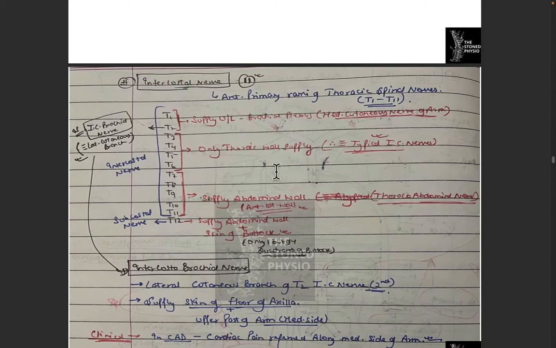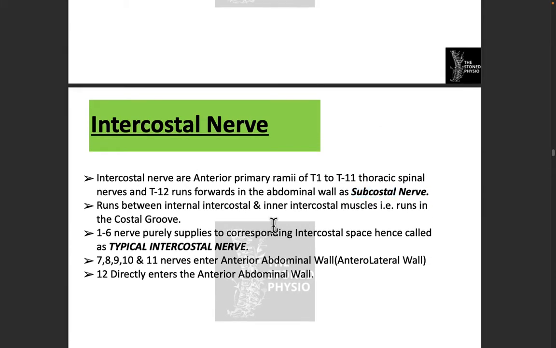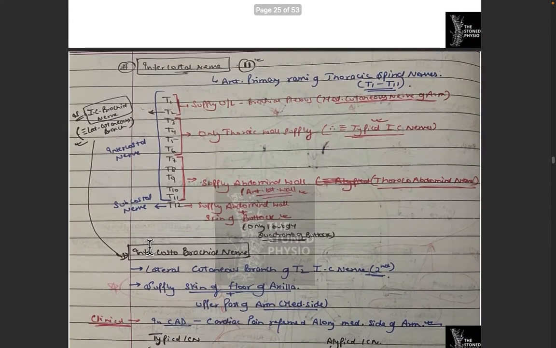Simply, as it is written here, the nerve roots T1 to T6 are called typical intercostal nerves. Why typical? Because they mainly supply only the intercostal region. They are not supposed to supply the abdominal region at all.